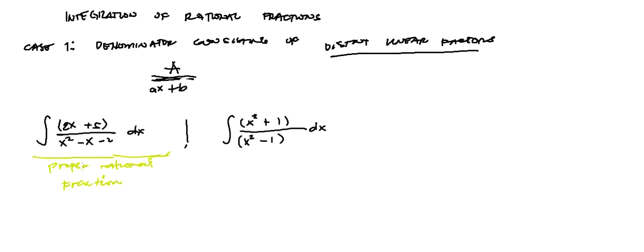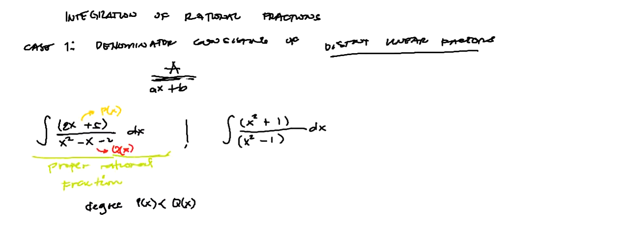Okay. So how can we say that it is a proper rational fraction? We say that our numerator is denoted as p of x and our denominator is denoted by q of x. In order for us to say that it is a proper rational fraction, if you remember last time, the degree of p of x must be less than the degree of q of x.